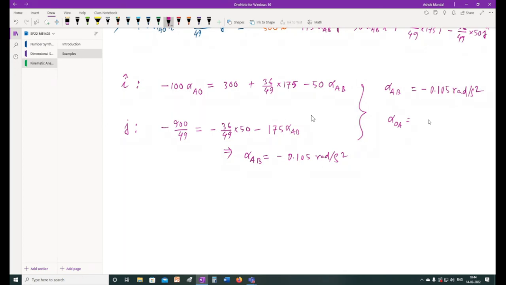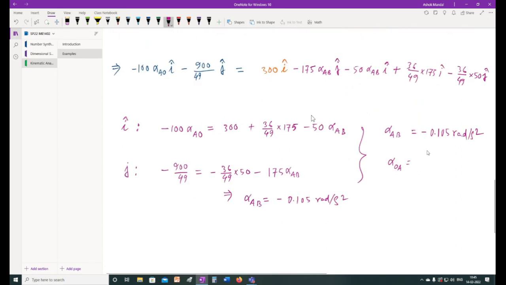Okay, alpha OA is minus 4.33 radian per second square.